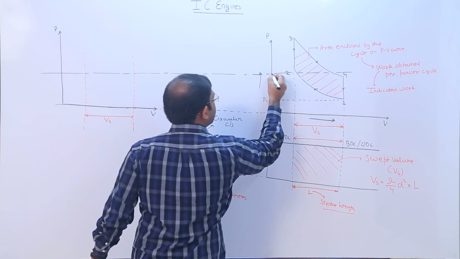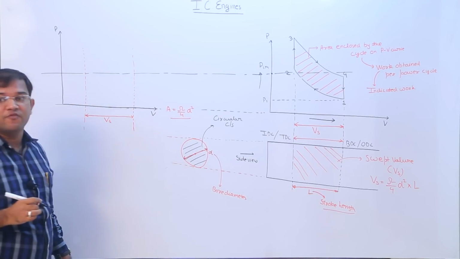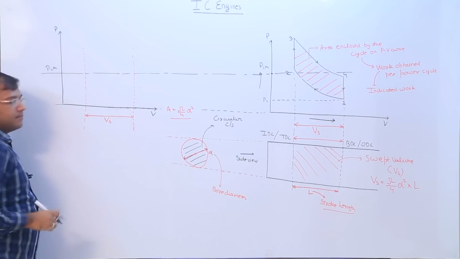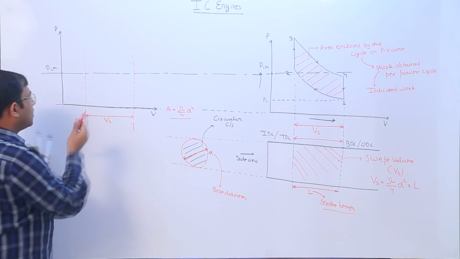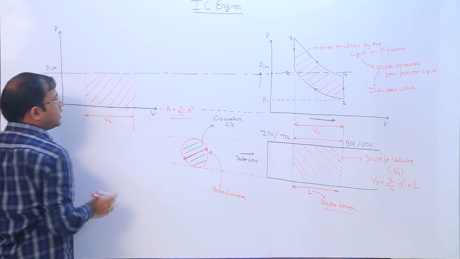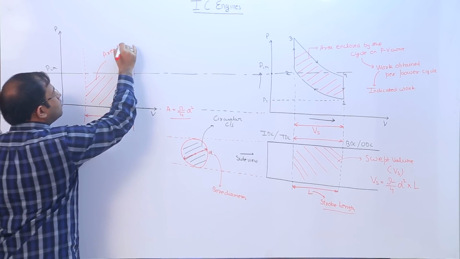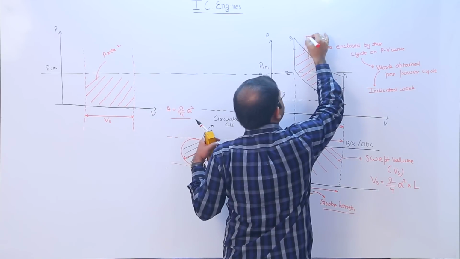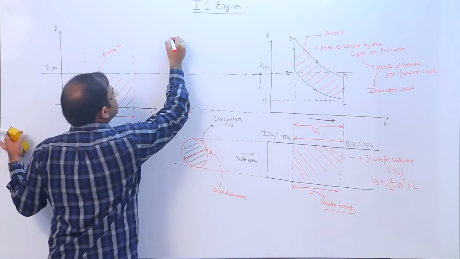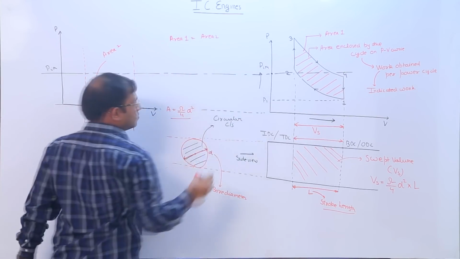And let this mean pressure be PIM, indicated mean effective pressure. So here the value is PIM. Now see students, the area enclosed by this region, let this be area 2, and let here the area enclosed here be area 1. And what we observe is that area 1 is equals to area 2.